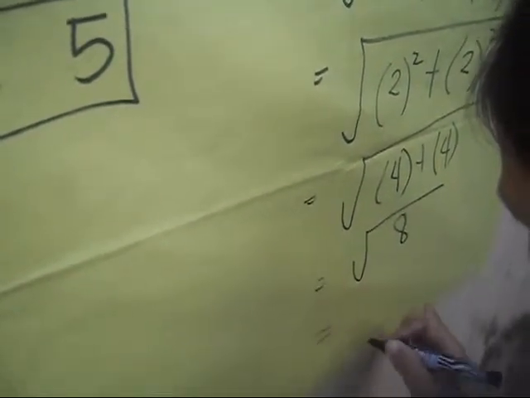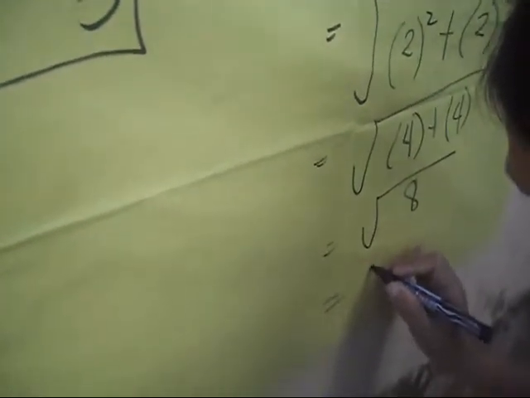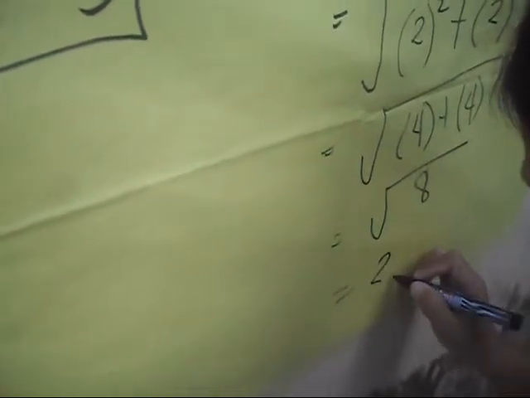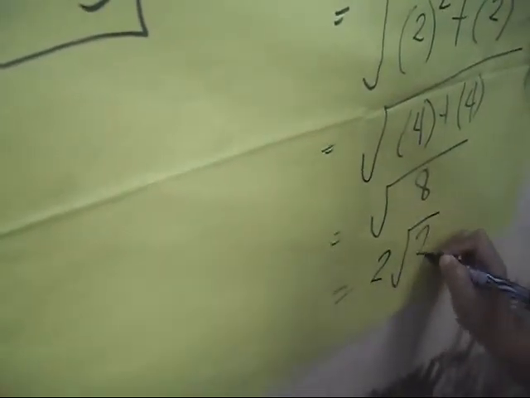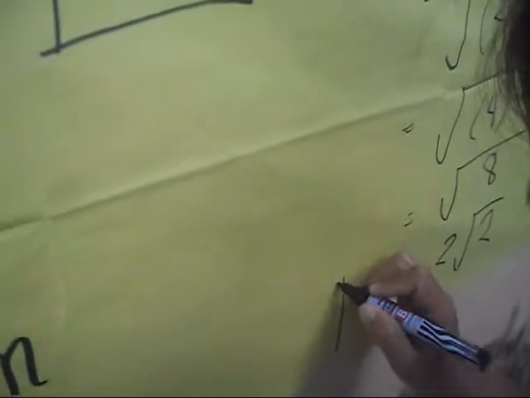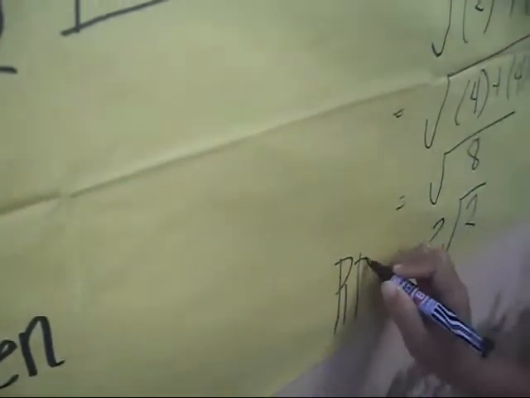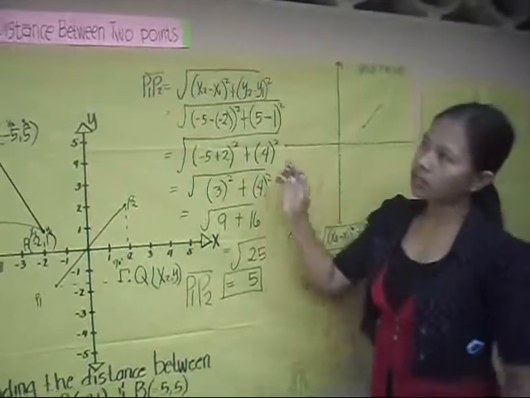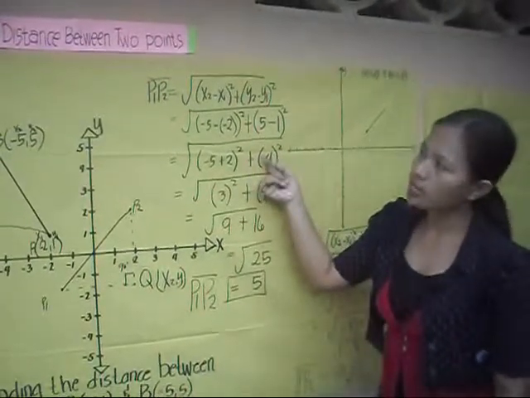Square root of 8 is equal to 2 square root of 2. And this is the distance between P1 and P2. And that's all for the distance between two points.